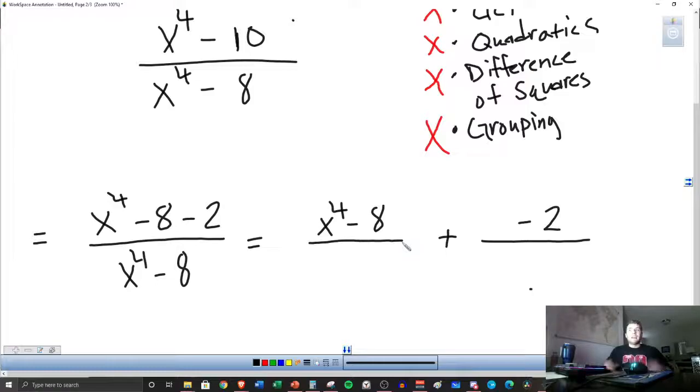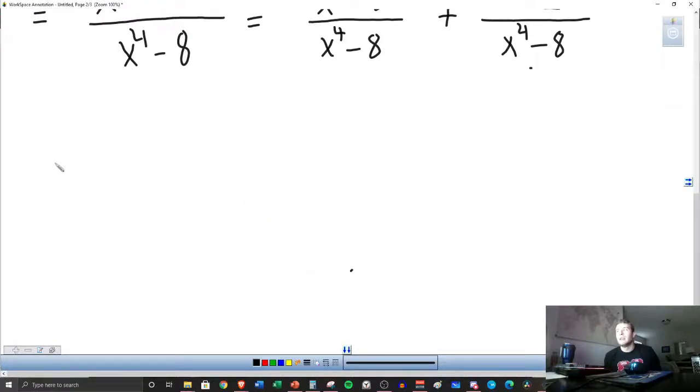So I've just split this top expression up. This is sort of the opposite of adding fractions, because what's on the bottom of both of these? Well, it's going to be x to the 4th minus 8 and x to the 4th minus 8. Now let me explain this in a simpler way, just so you can see what exactly I just did. If I had 8 over 7, that's the same as me writing this as 7 plus 1 over 7.